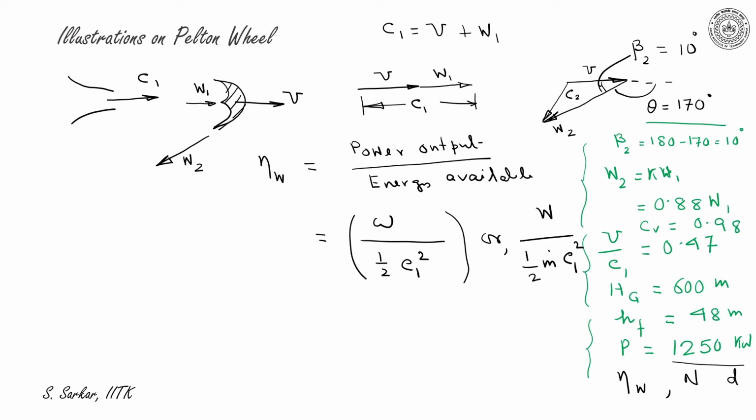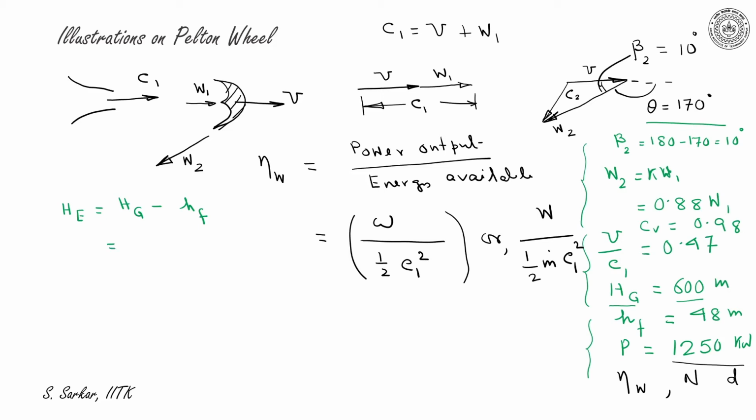Thus, now gross head is given as 600 meters. Losses in the pipeline have also been stated. So I can write now the head available HE is equal to HG, that is gross head, minus head loss in the pipeline, HF.